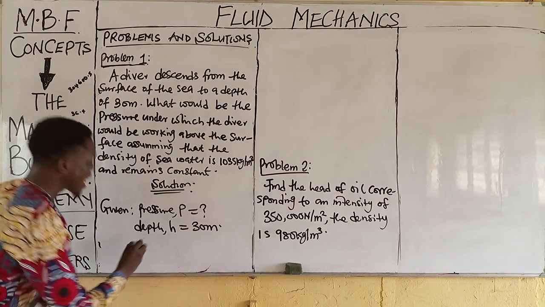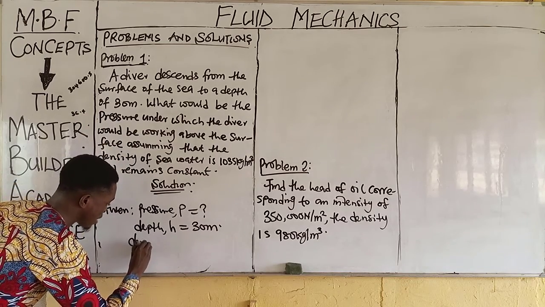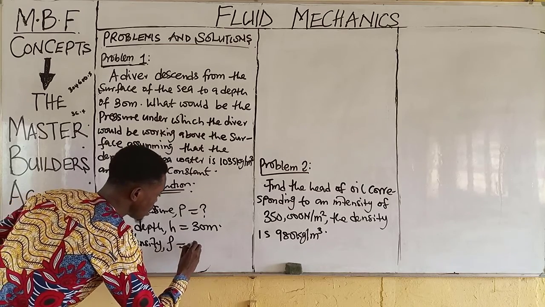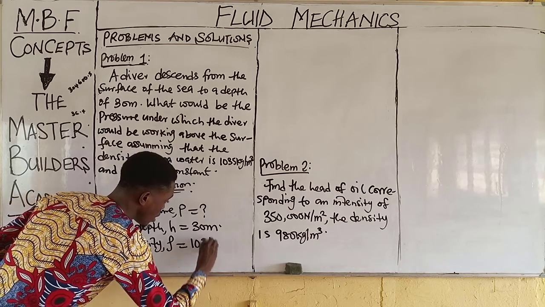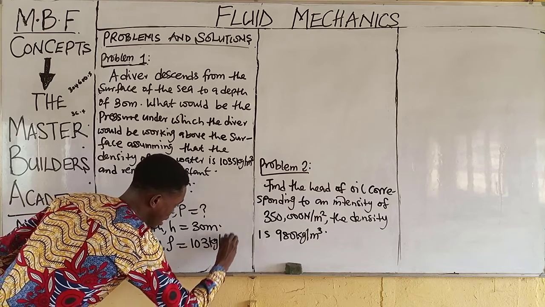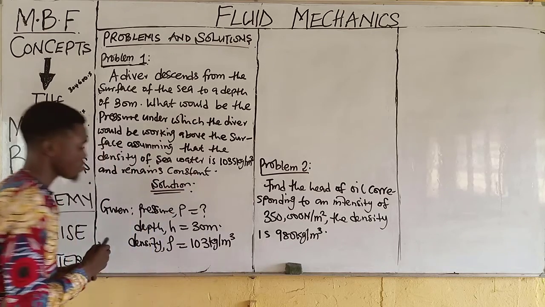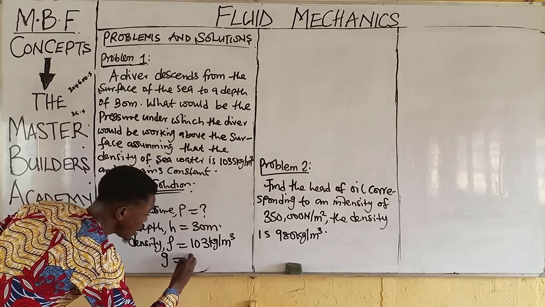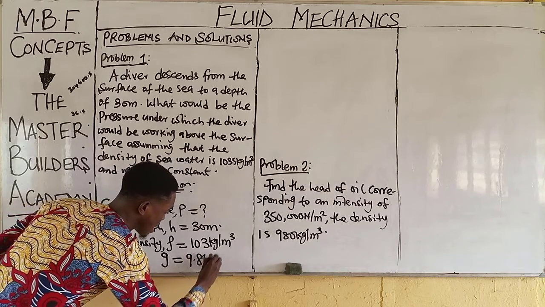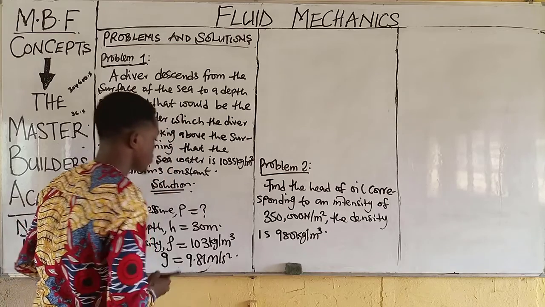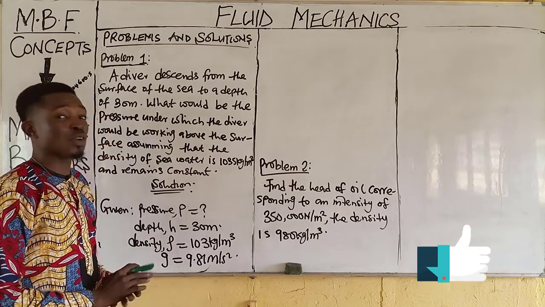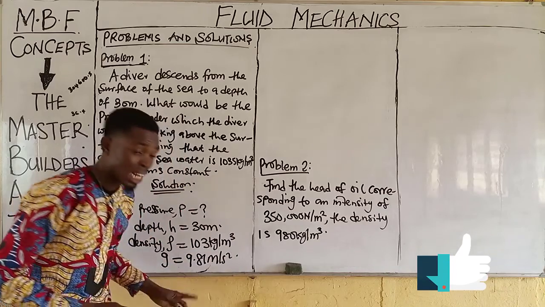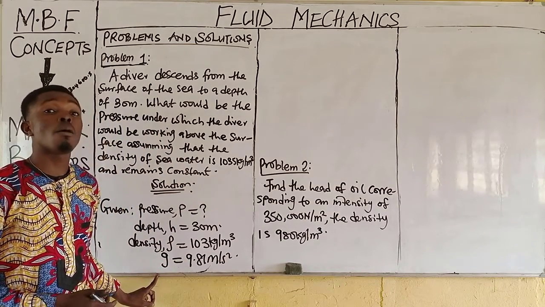Then we were equally given the density of the sea water. So density is given as 1035 kilogram per meter cube. Then finally we know that acceleration due to gravity, which is g, is 9.81 meter per second squared. We are asked to find pressure. All we need to do is to look out for a formula that connects these 4 parameters.